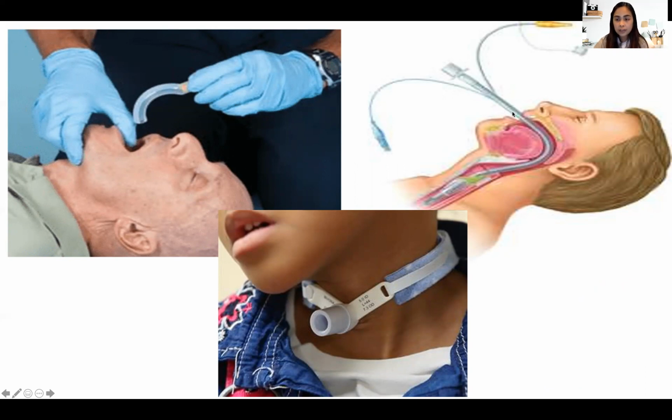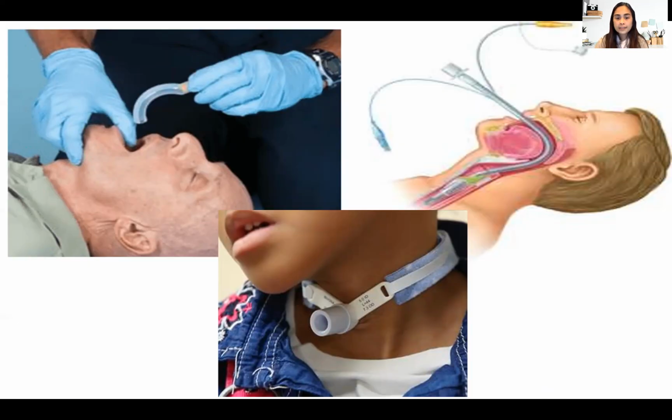Usually they do this one, and it is temporary. The more permanent one is the tracheostomy. On the lower part, they make a hole or incision by operation in the trachea so the patient can breathe.